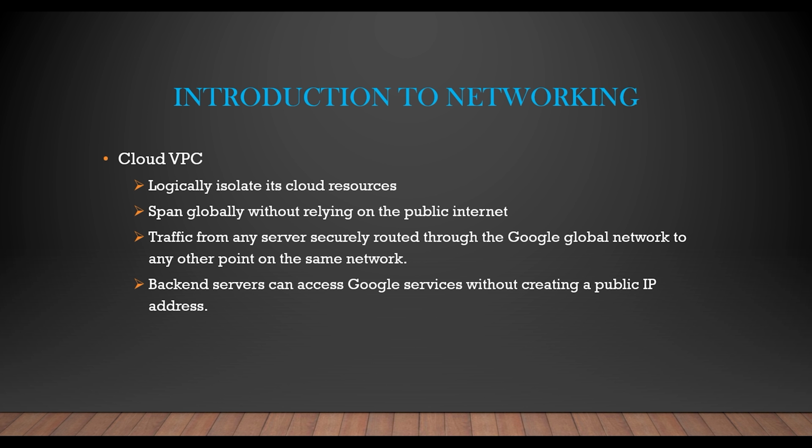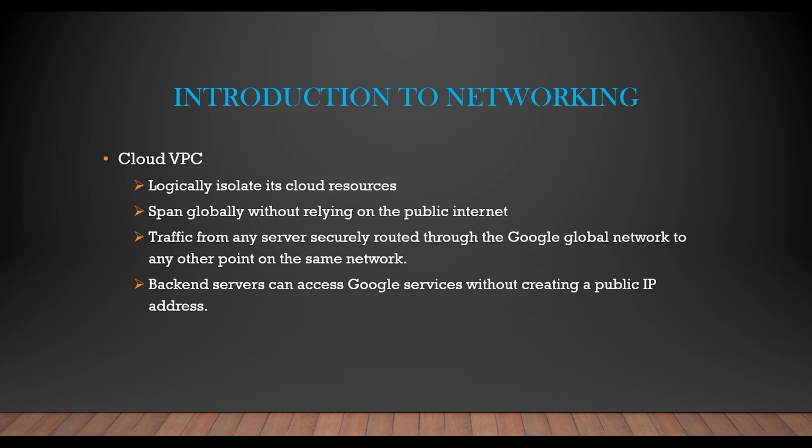So, one of the most unique features of GCP is that a VPC can be spanned across the globe without relying on public internet. So, let's say the traffic from any server on a VPC can be securely routed through Google's global network to any other point on that network.